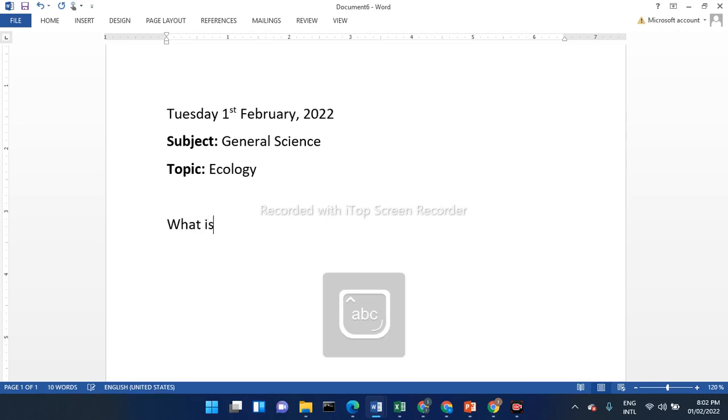The energy cycle, food chains, food webs, habitat, community, predators, those type of cycles. The nitrogen cycle in ecology.